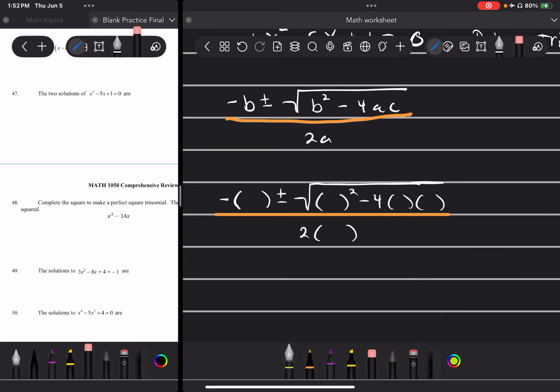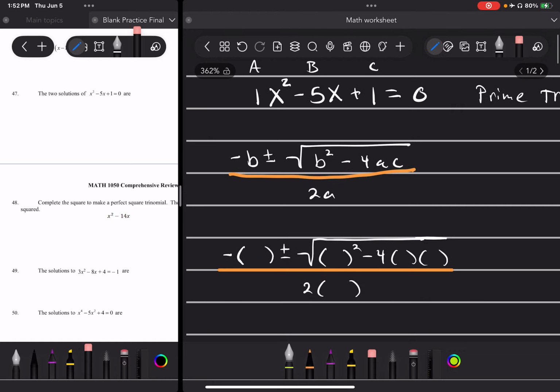So now I'm going to take each of my letters, or numbers, A, B, and C, and put them in. The reason I'm doing this is because this very first part, this negative 5, is the most common mistake when using formulas: knowing that this negative and this negative are different. Some people, when they see this portion, will automatically write negative 5 because they see this negative and assume it represents this one.